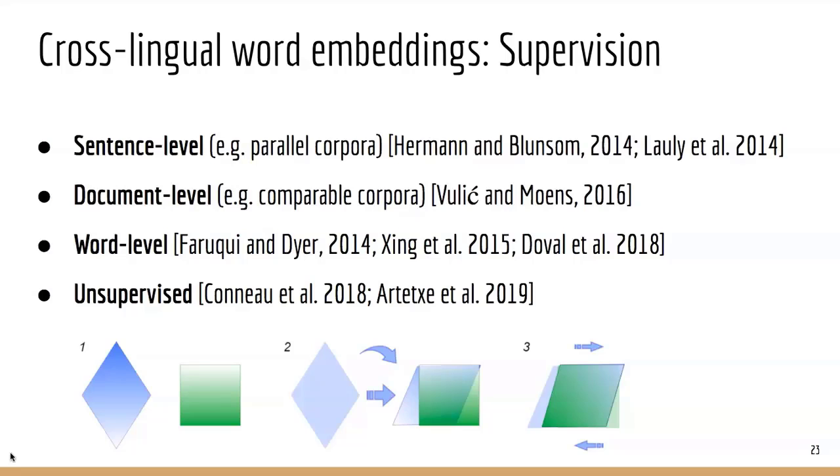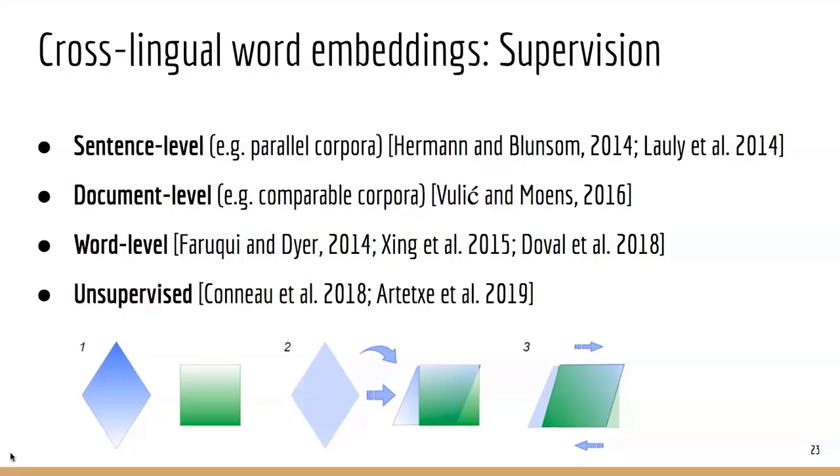And then what you want to do is merge one space into the other, but without changing the main properties of the space. So often it's an orthogonal transformation. And finally, some approaches show that you can even have a final step where you can refine and improve this alignment further, where you didn't change the properties of the space.